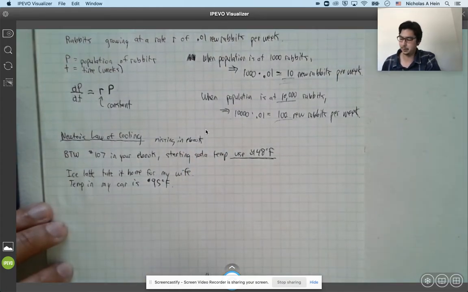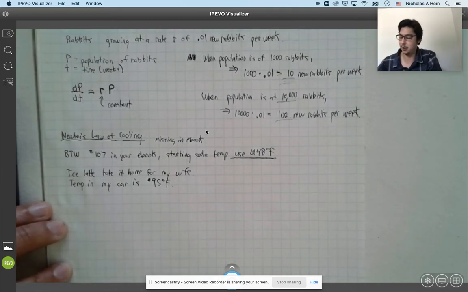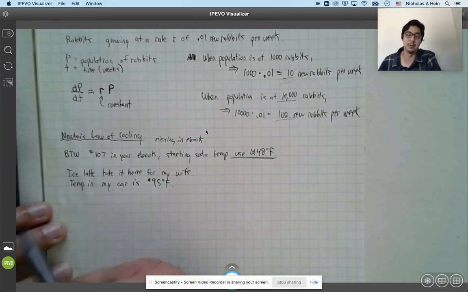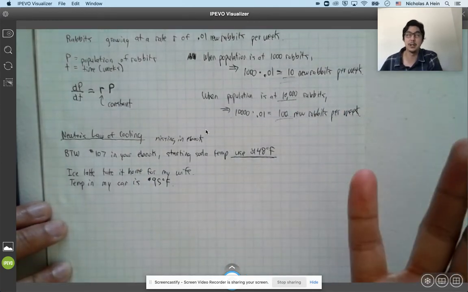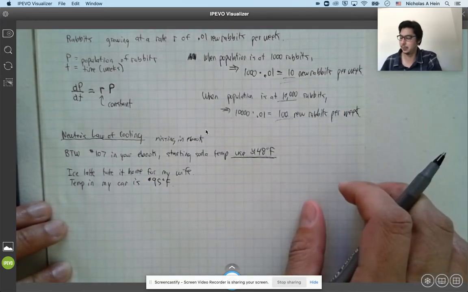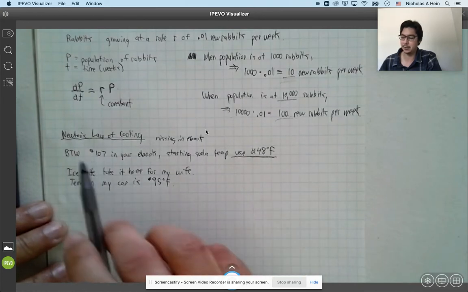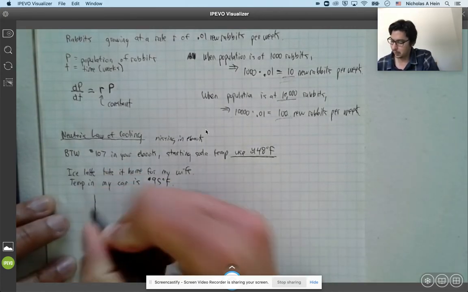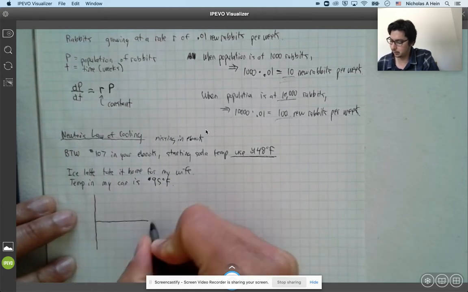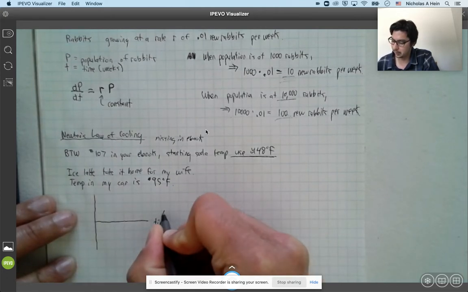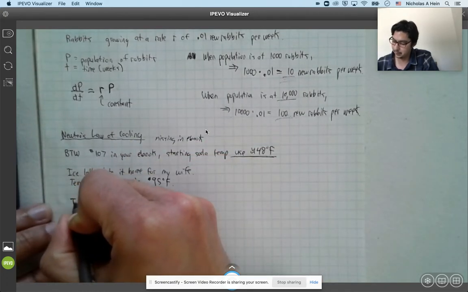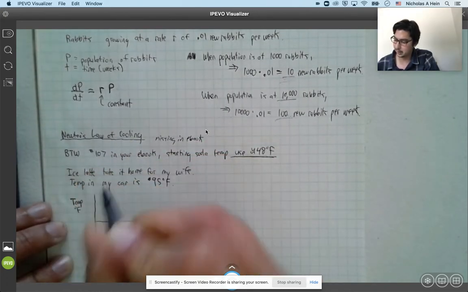Okay. Now, by the time I take it home, that iced latte is going to get warmer. And if my wife wanted it cold, well, sorry, it might not be as cold as when you first got it. Now, what's the math that's following here? It's following what's called Newton's law of cooling. And if I give you a visual of this, we talk about time, I'm going to call this little t, and we talk about the temperature, big T, in degrees Fahrenheit.